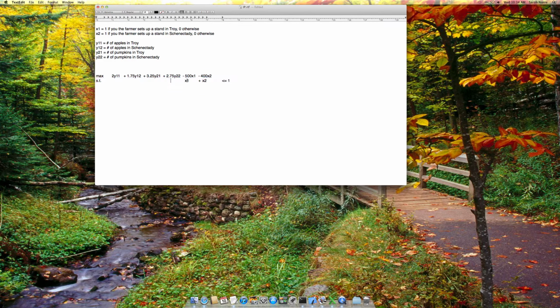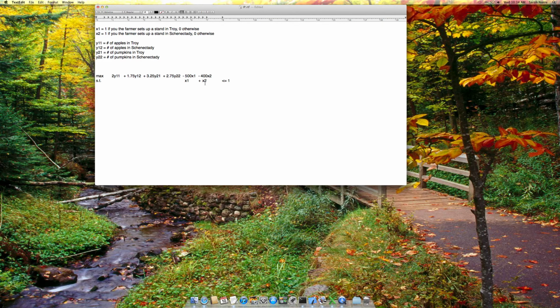So we're going to say that the decision to set it up in Troy plus the decision to set up in Schenectady is less than or equal to 1. It's not strictly equal to 1, because that would mean he would have to set up one or the other. It's less than or equal to 1. Further, we can't set it up in both, meaning a 1 for yes in Troy and a 1 for yes in Schenectady.